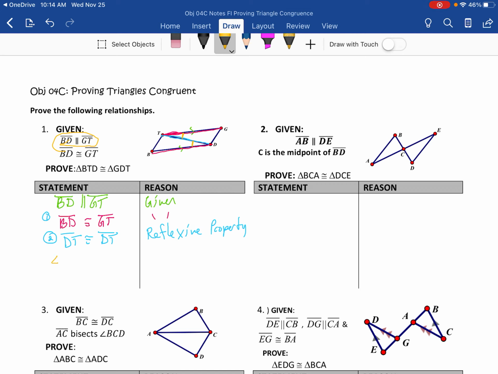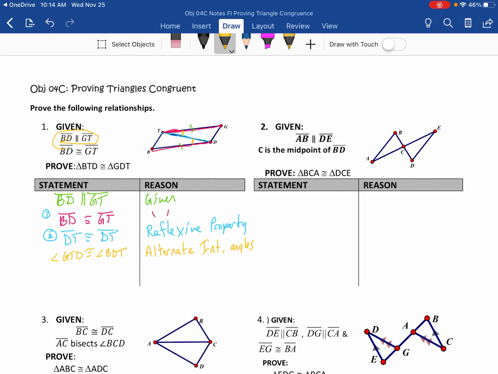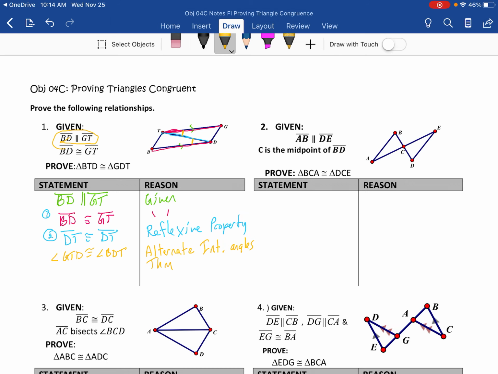I know that angle GTD must be congruent to angle BDT. And we have this name. This is alternate interior angles theorem, which just says the alternate interior angles on parallel lines have to be congruent.